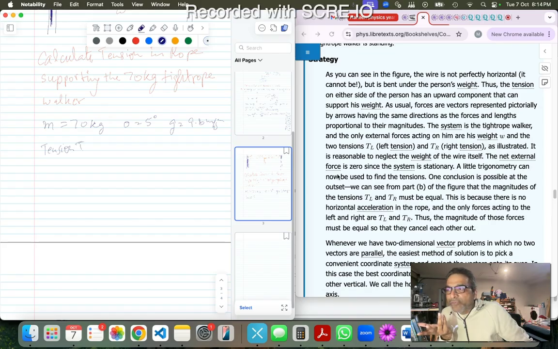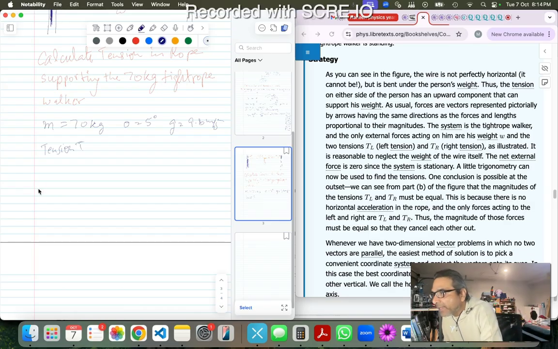The net external force is zero since the system is stationary. Why is Fnet zero? Because there is no movement. It is in equilibrium.